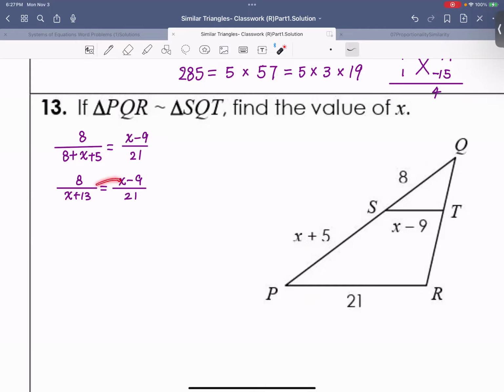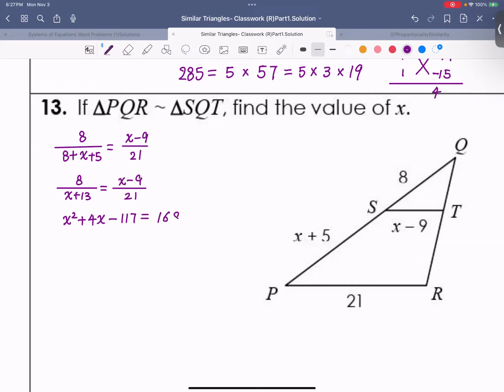Go. x squared plus 4x, yeah, that's good, minus 117, equals 168.